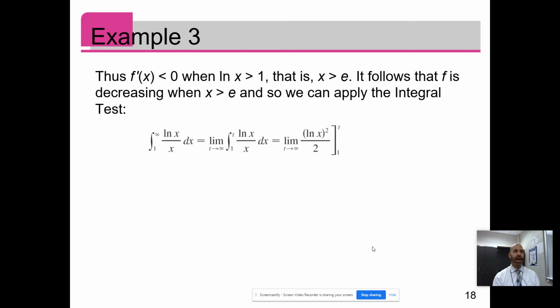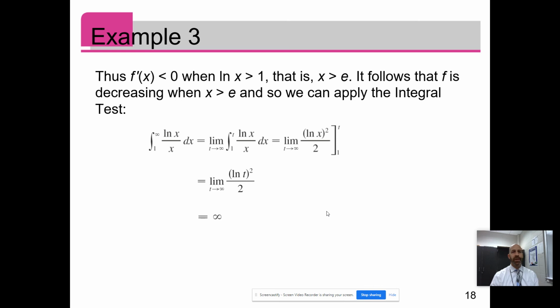So we can actually go ahead and use the integral test now, which is what we're going to try to do. So we're going to integrate from 1 to infinity of the ln of x over x. That is an improper integral. So the antiderivative turns out to be the ln of x quantity squared divided by 2. We need to evaluate that from 1 to t. That gives us the following.